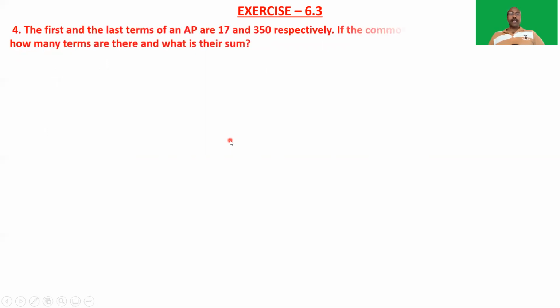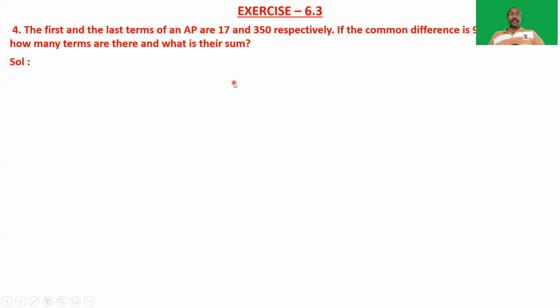The first and the last terms of an AP are 17 and 350 respectively. If the common difference is 9, how many terms are there and what is their sum? That's the question. Okay, students.